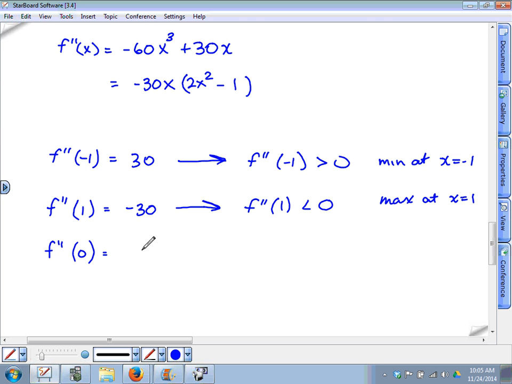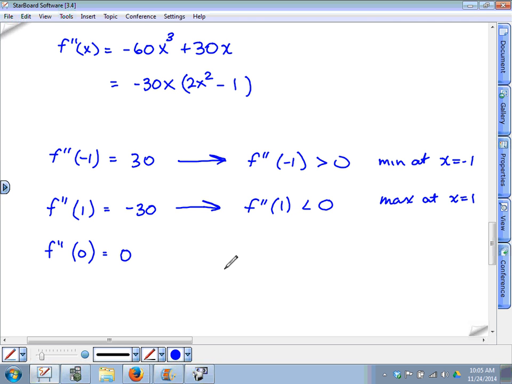Now what is f double prime of 0? If you plug in a 0 for both x's, you get 0 plus 0, which is 0. Now, you guys need to listen carefully to this. The second derivative test clearly states that f double prime either has to be greater than 0 or it has to be less than 0.